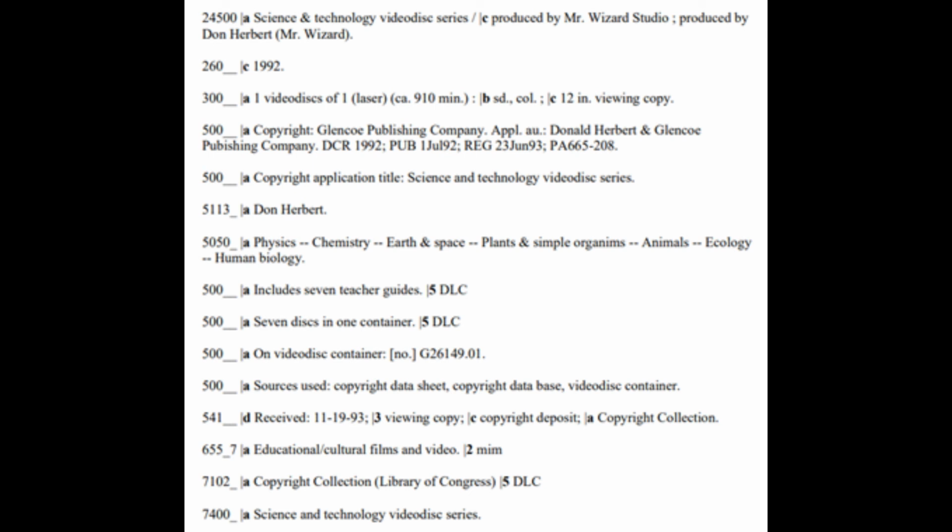So we only have subfield code C, the publication date or the copyright date. We don't have information on the place and the publisher.